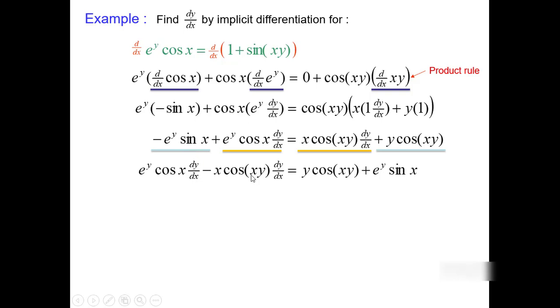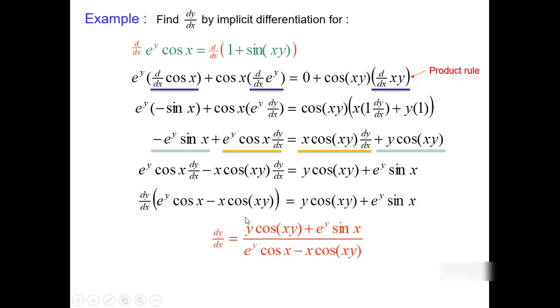Well, we're about done because now notice both of these terms have a dy/dx, so we factor out the dy/dx, and when I divide both sides by the remaining quantity, I now get an equation describing the slope of the tangent line at any point (x, y).